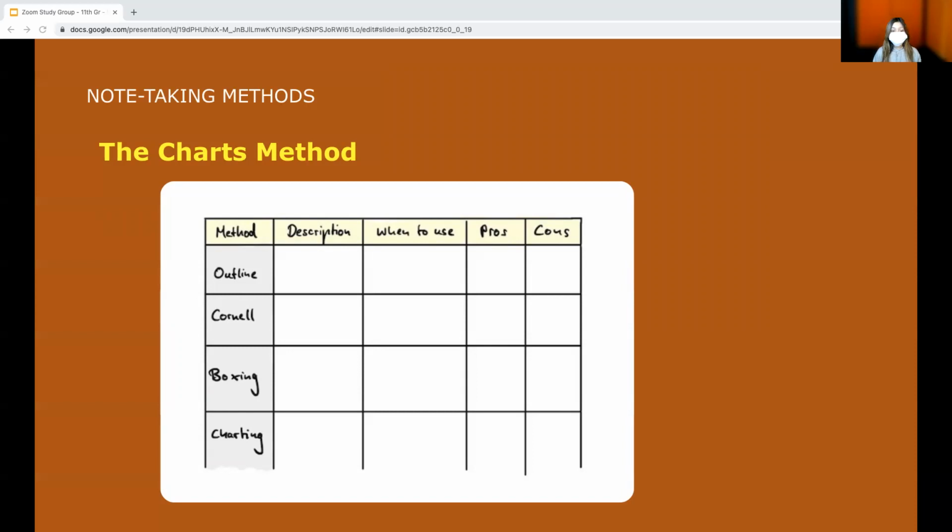That organization and stress on how to use each vocabulary term or when each date is important can be utilized in the charts method, where you have a section for the method, a description, and further detail explaining that method or term.